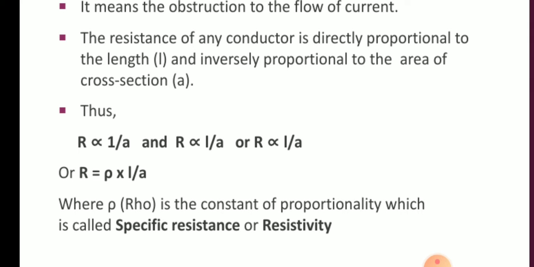This is known as the proportionality constant, but it has a special name: specific resistance or resistivity. So rho is the constant of proportionality which is called specific resistance or resistivity.